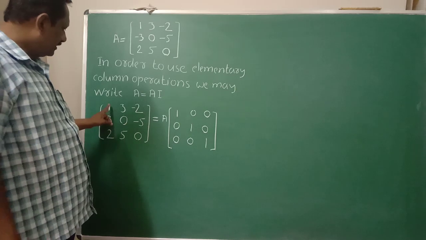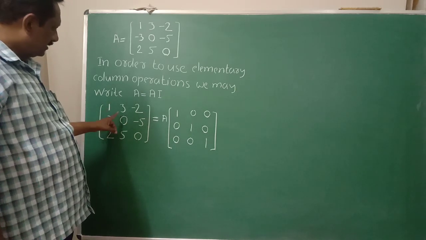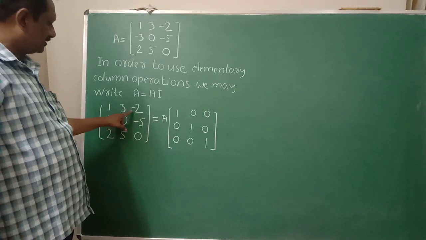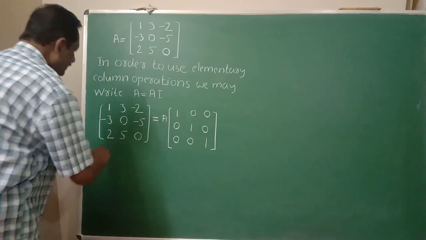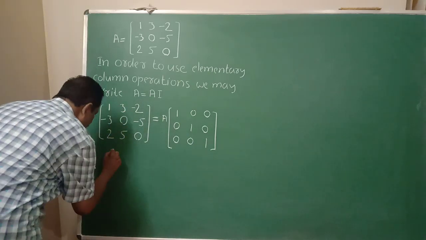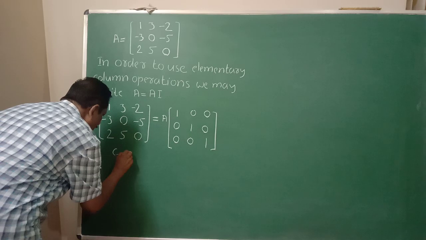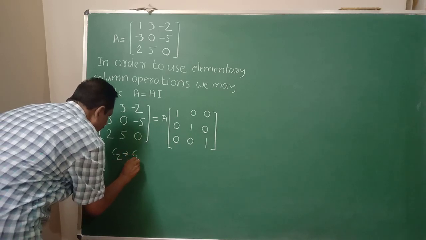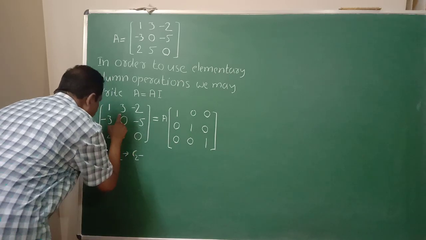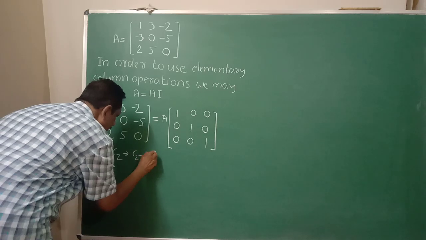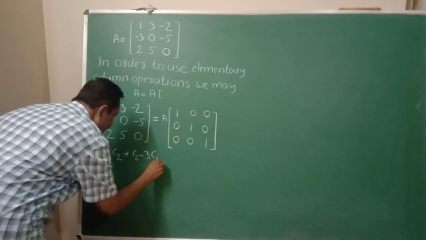Then using the first column, you can make these two terms 0. Therefore, the second column: C2 implies C2 minus 3 into C1.